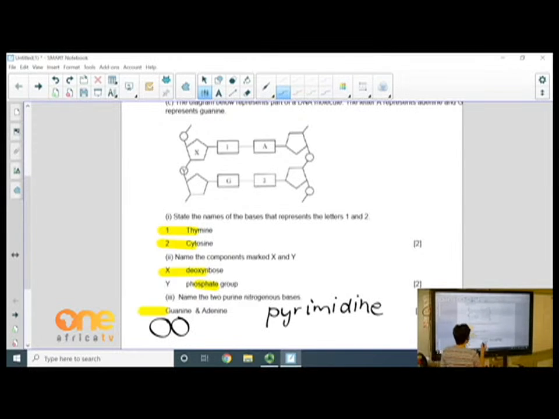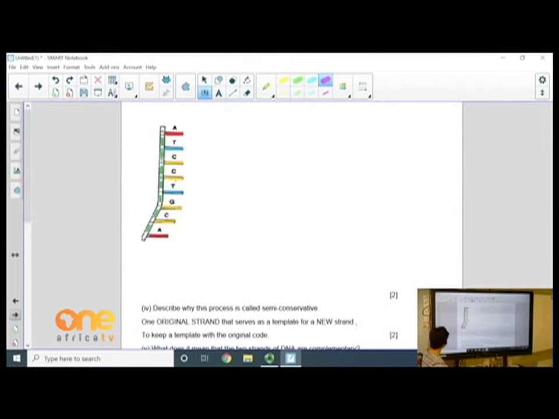The pyrimidines have only 1 ring, but we can also remember thymine has a Y and cytosine has a Y. And that will help us to remember pyrimidine: thymine, cytosine. That is also a way to remember those 2 different groups.